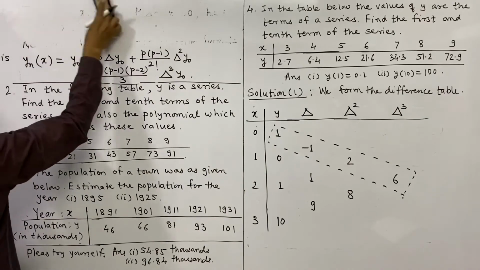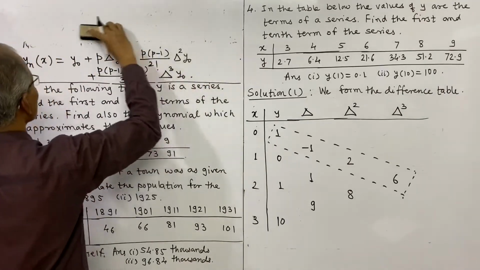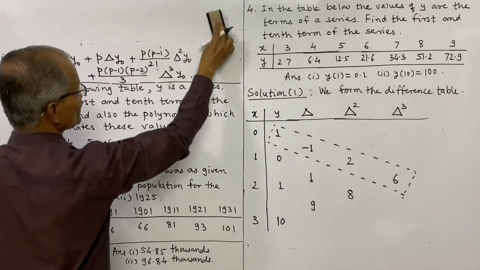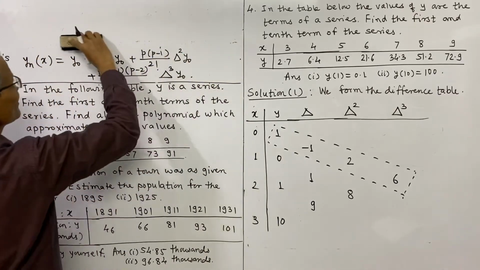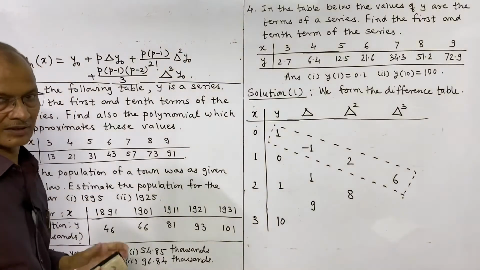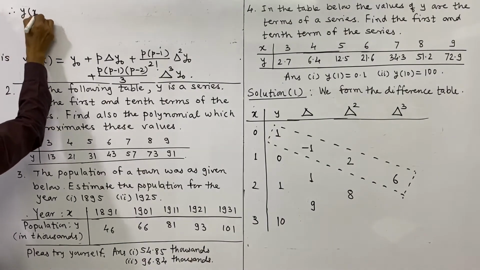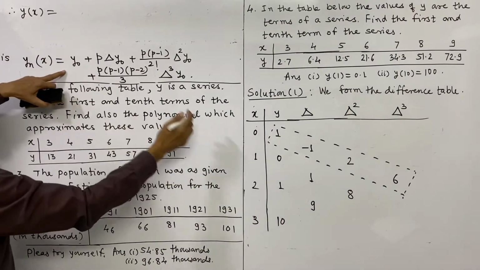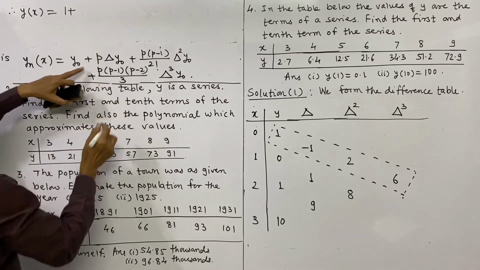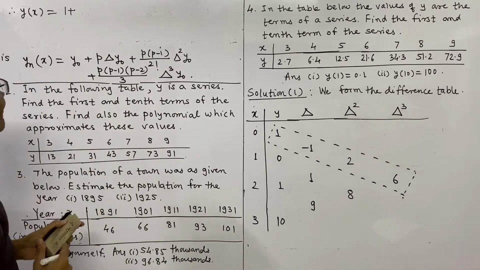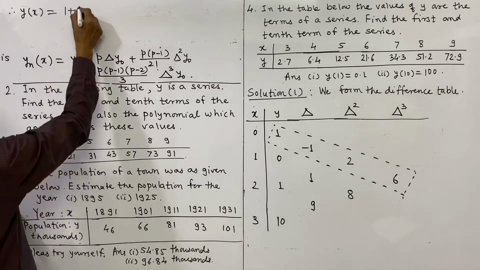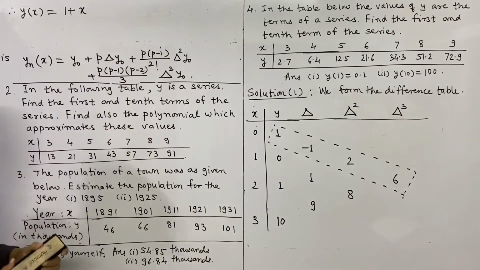So this gives y at x, or yn at x. Yn is the notation used, that is actually the function at x, and therefore y at x is equal to y naught, which is 1, plus p. What is the value of p? P is x only, obtained earlier.